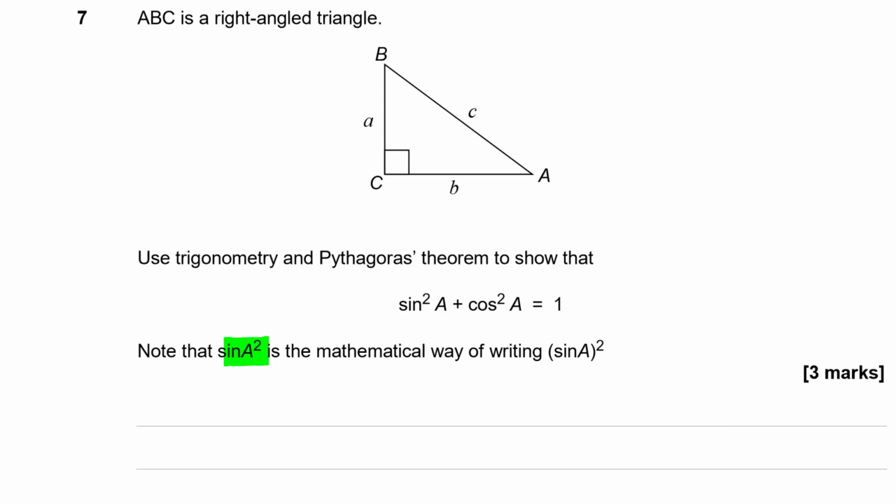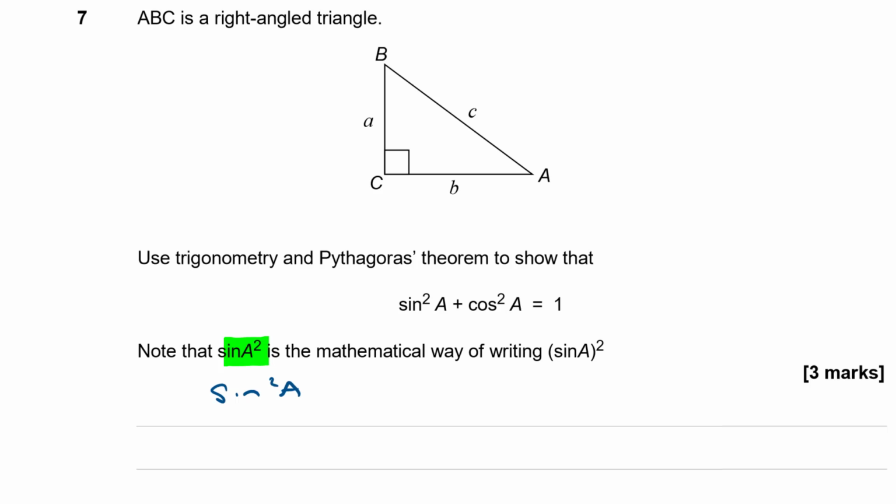They should have written, note that sine squared A is the mathematical way of writing sine A squared. So that's just to distinguish it from the sine of A squared. Sine squared A is the way of writing sine A times sine A rather than the sine of A squared, if you see what I mean.